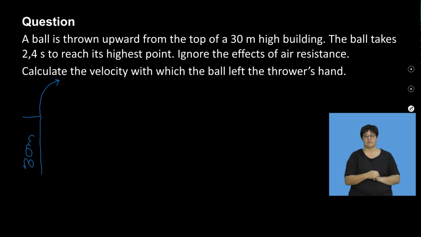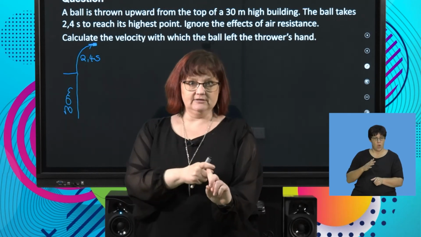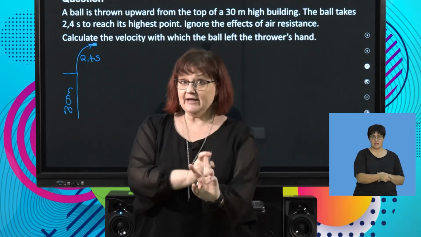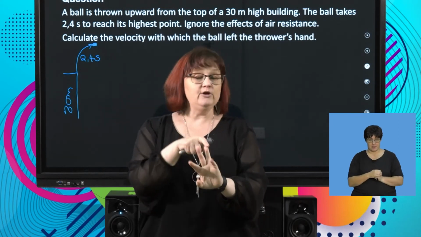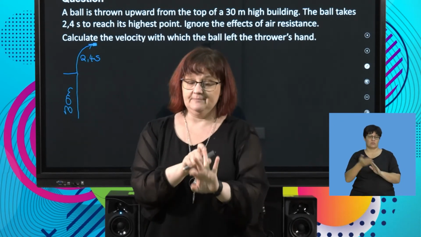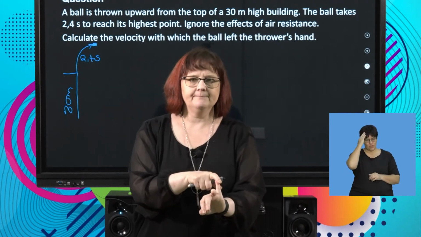It takes 2.4 seconds to get to this point before it comes down. This first part of the question is exactly like the question we've just done. I want initial velocity. I know the final velocity, which is going to be 0 because it's at the top of its motion. We know acceleration every single time, 9,8 meters per second squared down, and I know time.